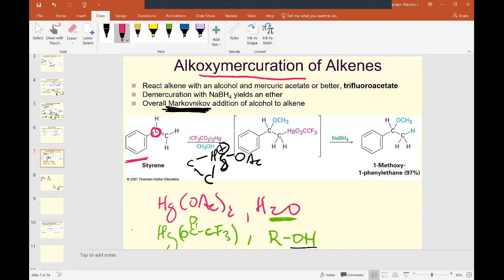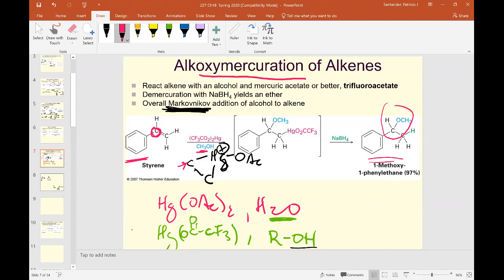And that's why in the final product, you will have the methanol get attached on that particular carbon atom, giving you an ether in which the methanol unit got added on the carbon atom that was more highly substituted.